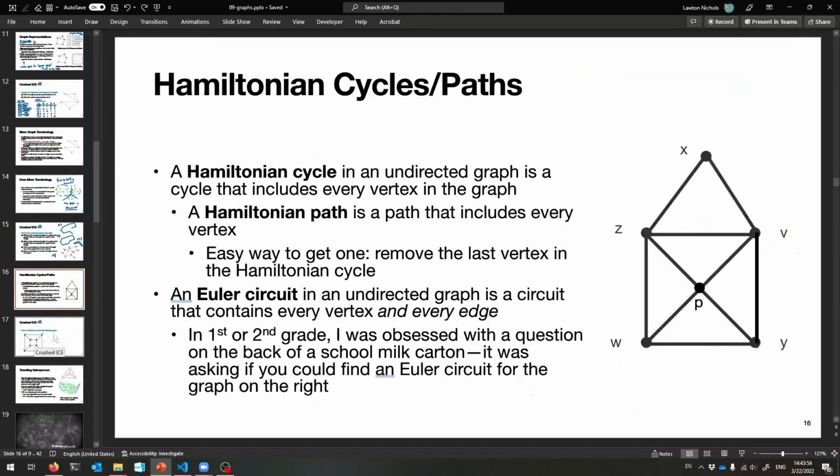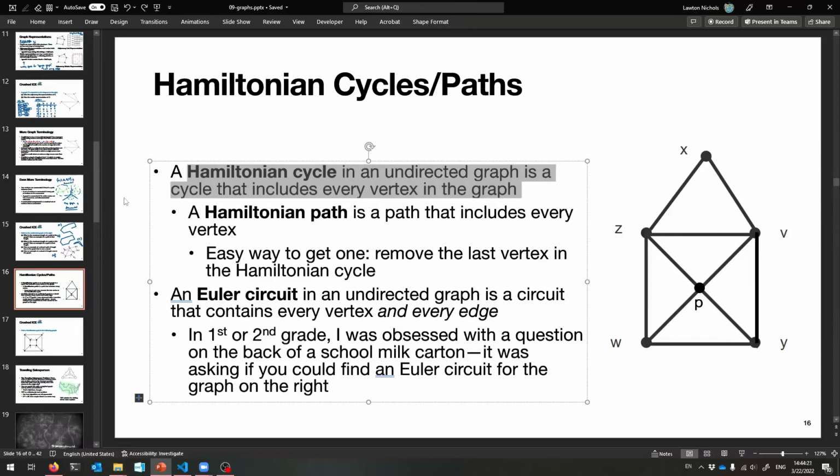I have 2 more main slides of information for the day, and then I will stop overloading you with terms. The next thing to talk about are special kinds of cycles and paths. Hamiltonian cycles are the first ones, and then we'll talk about Euler circuits as well. A Hamiltonian cycle in a graph is a cycle that includes every vertex in the graph. That's a nice kind of cycle to have.